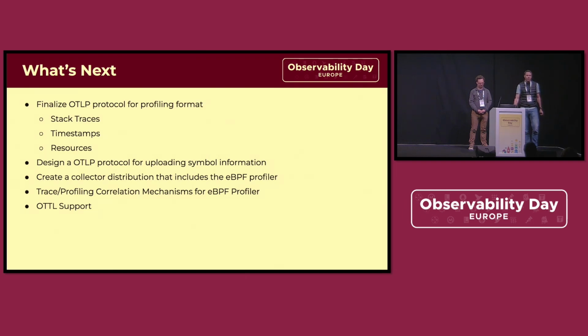And last but not least, the resources. For a lot of people who interact with full host profiles from the eBPF profiler for the first time, they're a little overwhelmed by the fact that it's showing you everything on the host, and these days that often means it's a Kubernetes host running many different workloads. A lot of times it's developers who are responsible for a single application, and they just want to focus in on their piece.